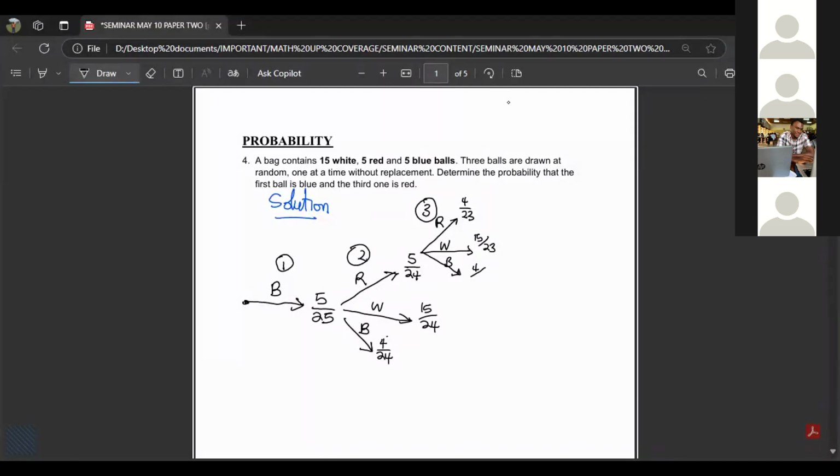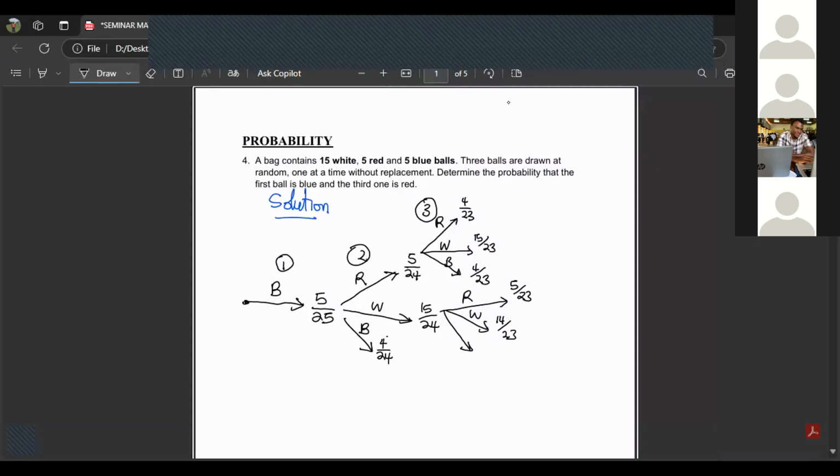Again, on this one, we can have 3 options. Here we're choosing the red ball for the first time, so it will be 5/23. Choosing the white ball for the second time, it will be 14/23. We are choosing a blue ball for the second time, so it will be 4/23.